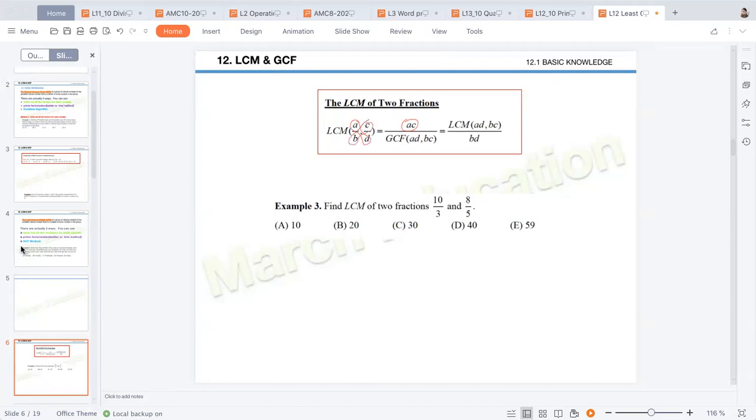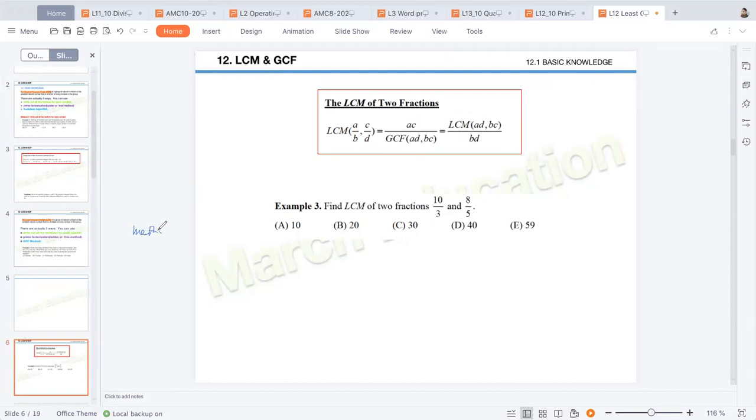Okay. So for these two numbers, 10/3 and 8/5, we can use this, and both of them work, so I just use the first one. I write it this way.